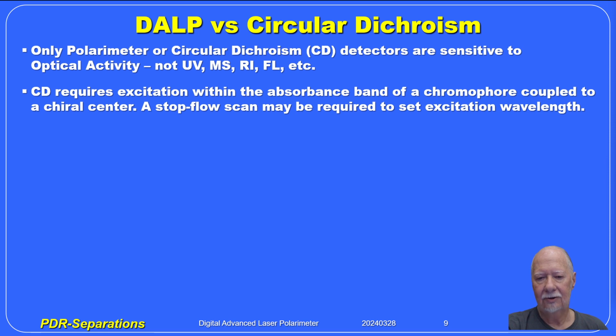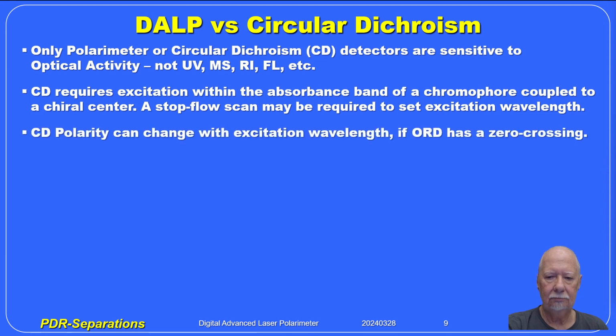A stop flow scan may be required to set the excitation wavelength, not particularly convenient in a method screening station. CD polarity can change with excitation wavelength if the optical rotary dispersion plot has a zero crossing. I will show that in the next slide.